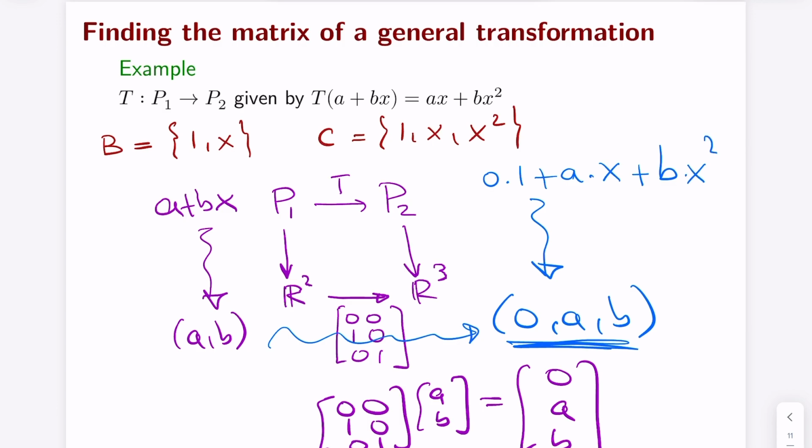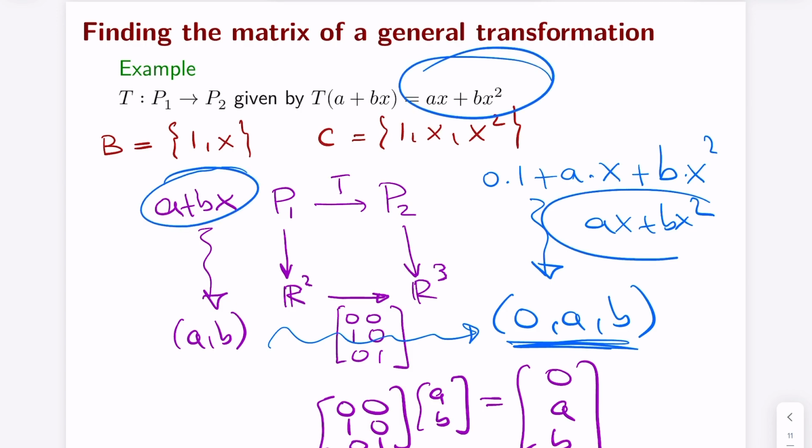So by doing the operations here, we see that this polynomial is nothing but ax plus bx squared. That is exactly the transformation that we have, that T applied to this is equal to this one here.